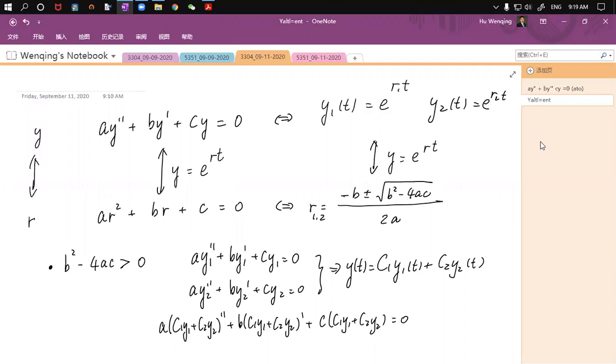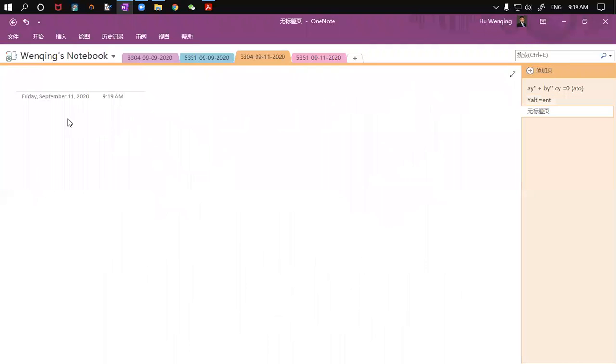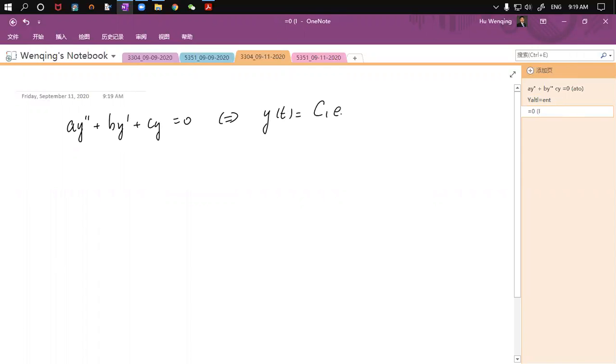Okay, so here, in order to have this solution, Ay'' + By' + Cy = 0 is going to have a general solution y(t) = C1 e^(r1 t) + C2 e^(r2 t). Suppose B² − 4AC, the discriminant, is positive.